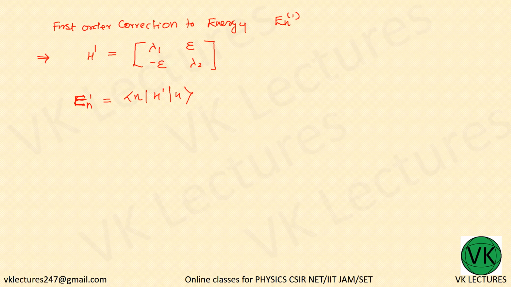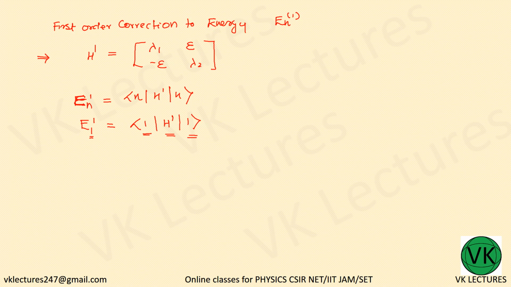Suppose if it is E1 of 1, which means the first order correction to the energy of the first state is equal to 1 H dash 1. That means the first state, the Hamiltonian, and the first state. That means 1 1 of H dash.